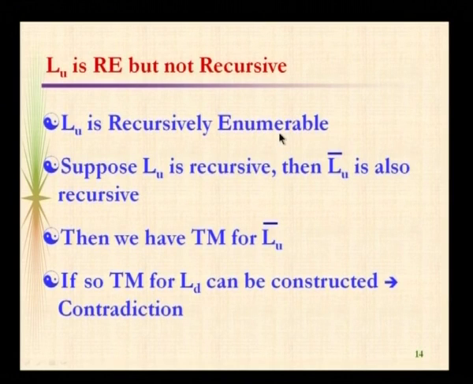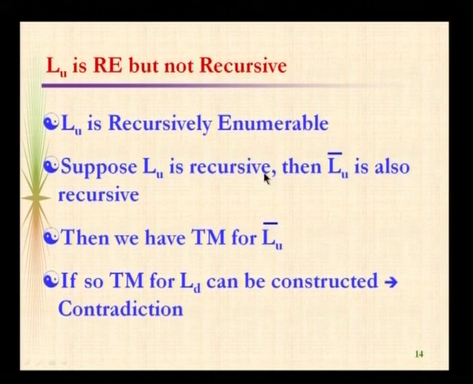So now how do you prove that the language LU is not a recursive language? Here we have a proof by contradiction. LU is recursively enumerable, and that is what is given, but we need to show that LU is not a recursive language.